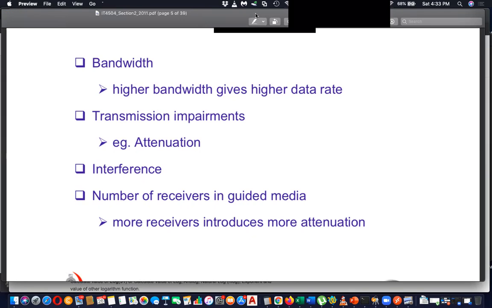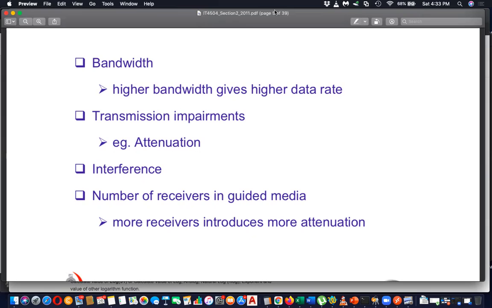Let me show this graph of frequency versus attenuation.